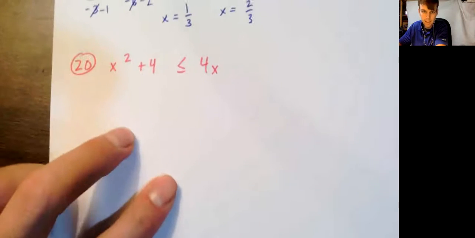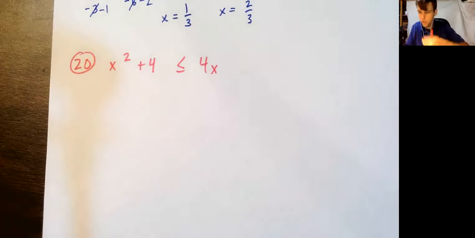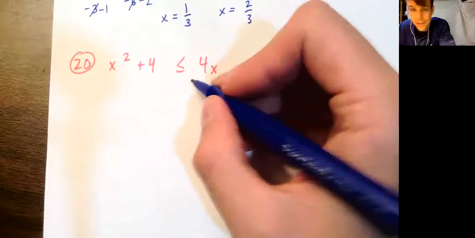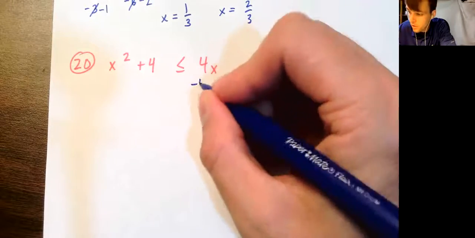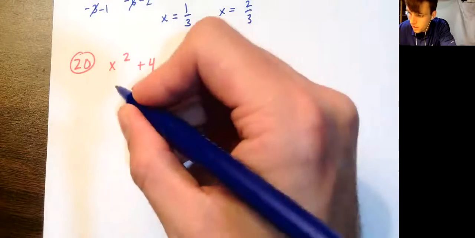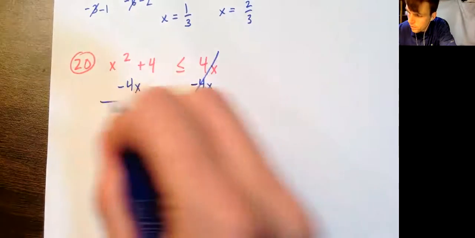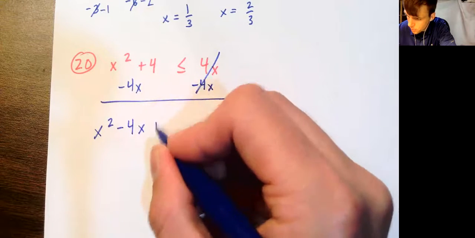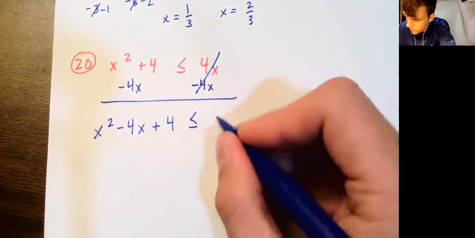I think this one's slightly easier than the previous one. We will see. Again, I need to do a little algebra first to get one side to be 0.